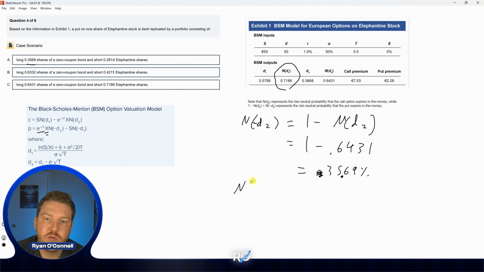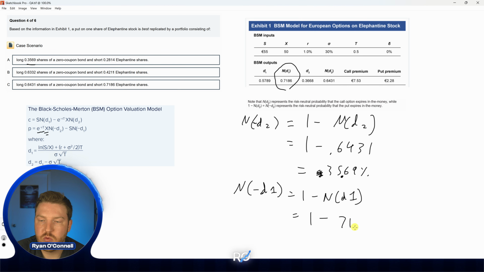So we can do the same thing where we say N(-d1) is equal to 1 minus N(d1). Same thing as before. And then we're going to find that that is 1 minus the 71.86%, which is going to be 28.14%. So that should give us the answer to this one.